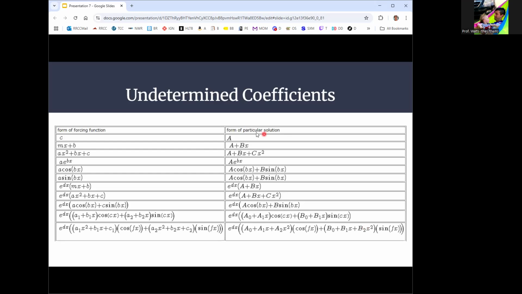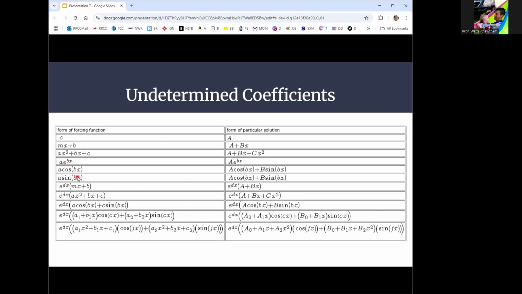Now, the form of the particular solution is chosen based on the form of the forcing function. So in general, the forcing function will tell us how to form our particular solution. If we have an exponential or a trig function, the constants inside the argument won't actually change.